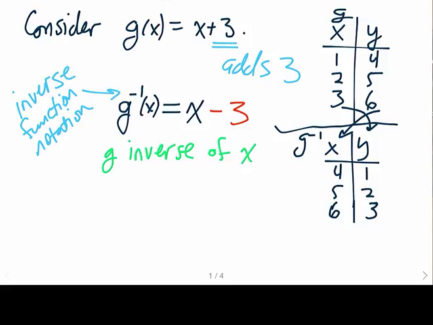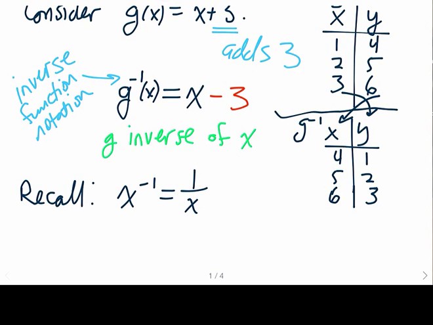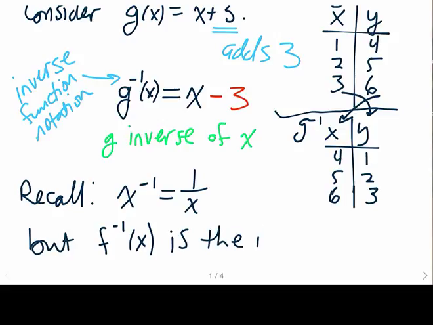I want to make another note about the notation. Let's recall that in terms of exponents, x to the -1 is equal to 1 over x and indicates a reciprocal. However, f to the -1 of x is actually f inverse of x. So this is the inverse of f. It is not a reciprocal.